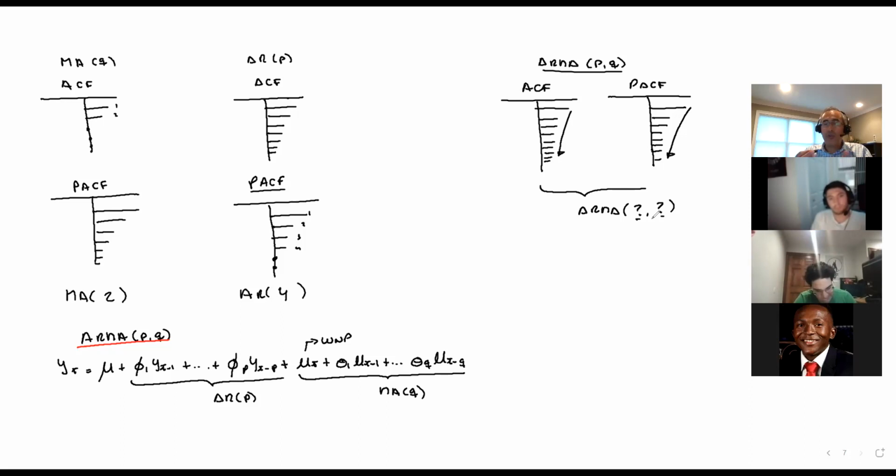Got it? And in order to select the model, to know what the optimal number of lags is, we are going to use something that I call the information criteria.